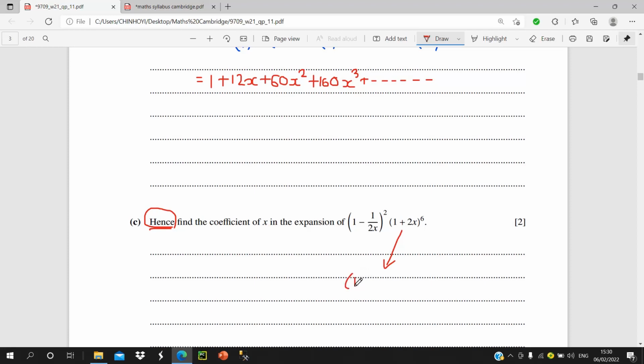As you can see, here it's 1 plus 12x plus 60x squared, then plus 160x cubed.